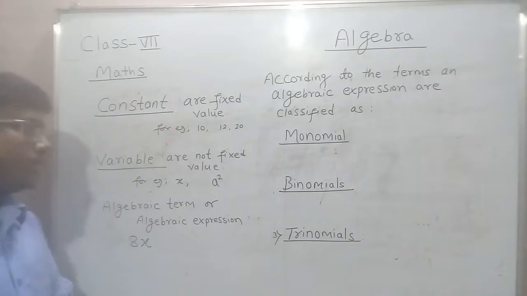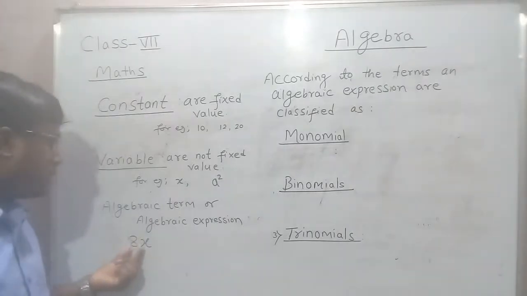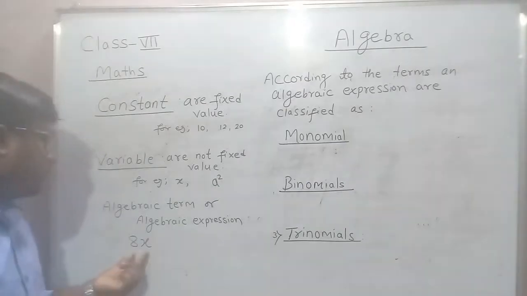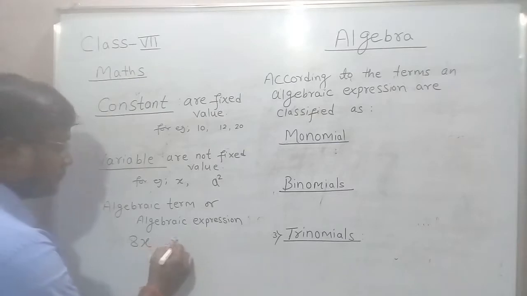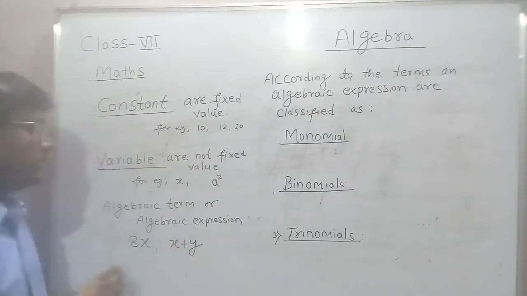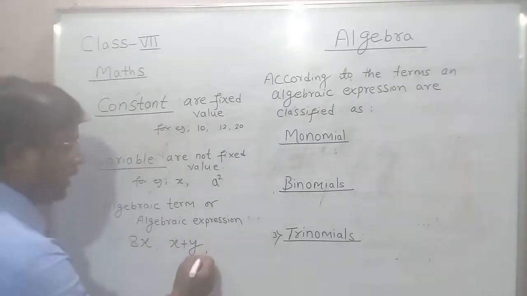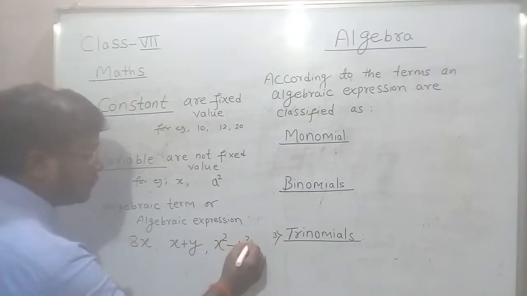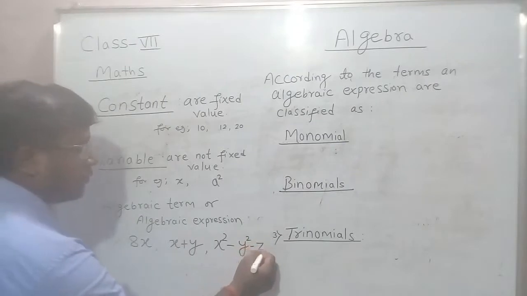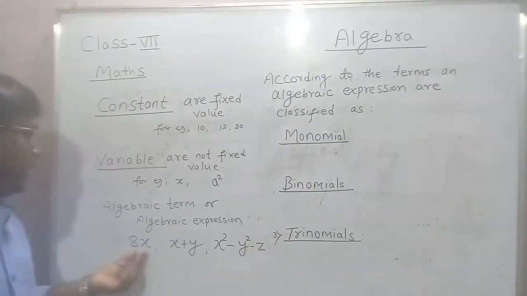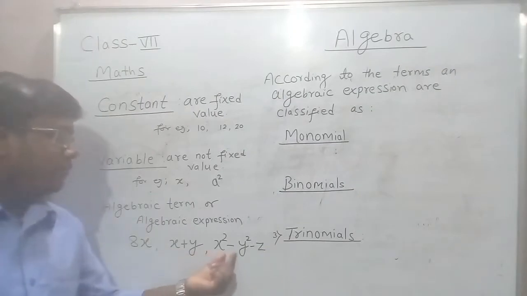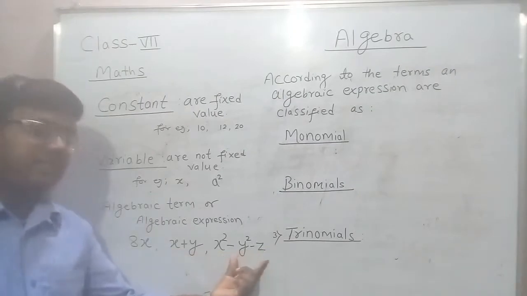Between a constant and a variable there may be a product sign, or it may be like x plus y, or x square minus y square minus z.